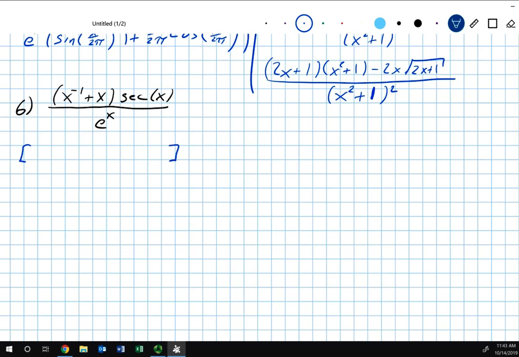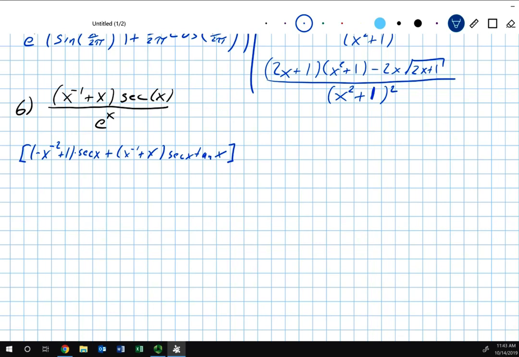If I do my product rule inside of that, I would get, looks like, negative x to the -2 plus 1, and I leave the secant alone, plus I leave this alone. I do need more room. I take the derivative of secant, which is secant x tangent x. Whew, that's the derivative of the top.